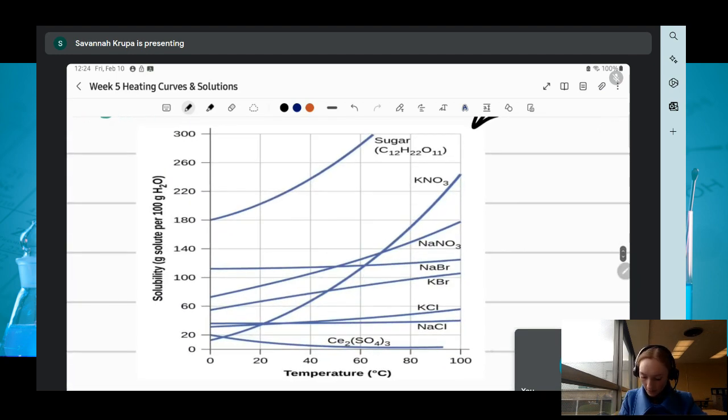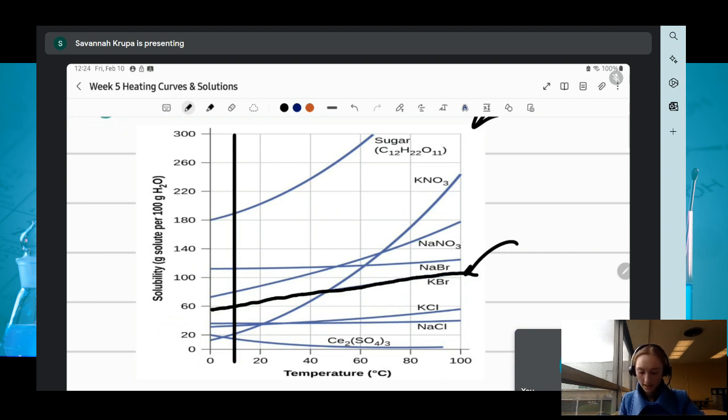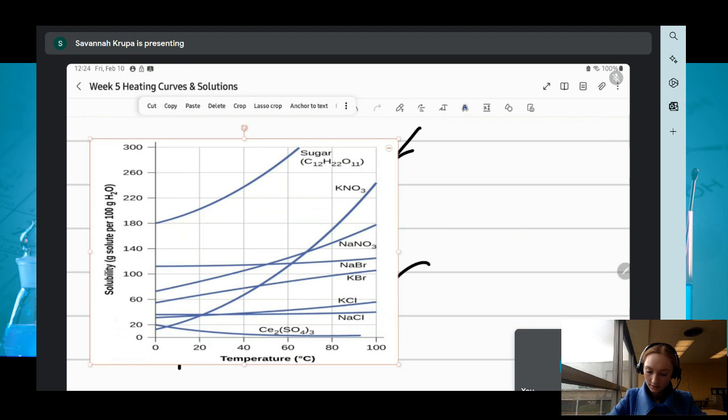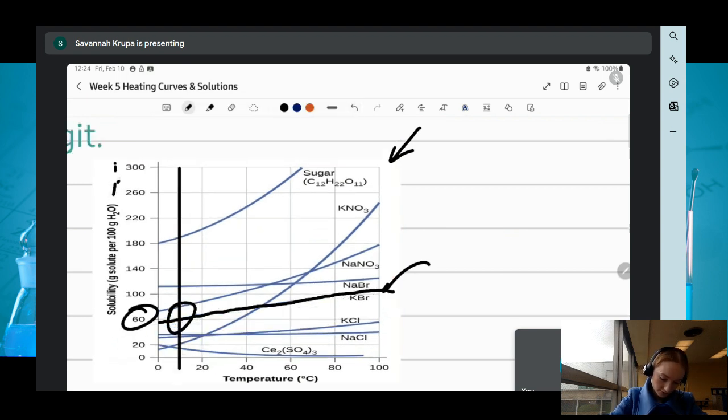So looking at the bottom axis, which is temperature, it looks to me like 10 degrees will be right here on that line. And we're finding KBr, which is going to be right here. Oh, if I can draw straight. So it's going to be right there. That's the KBr line. And so crossing over to the solubility, it looks like we will get a value of around 60 for our solubility. And the solubility units says right here that it's grams of solute per 100 grams of water.